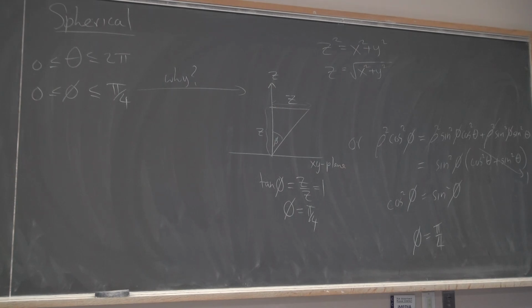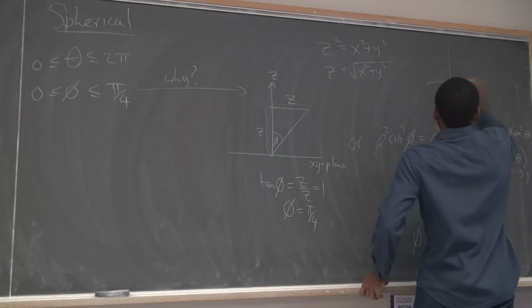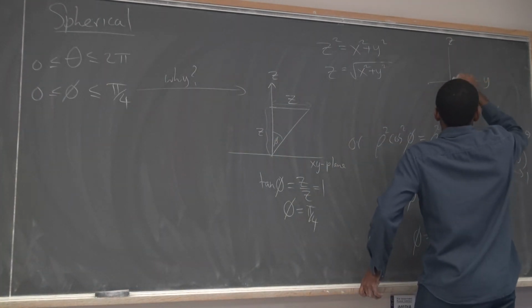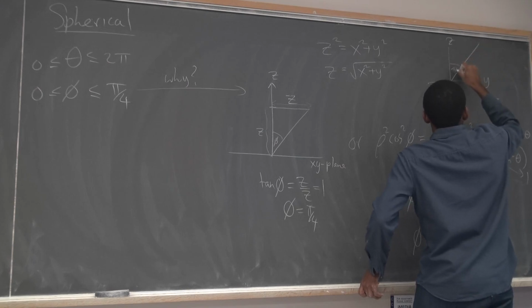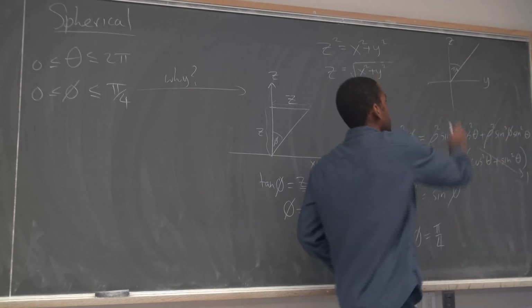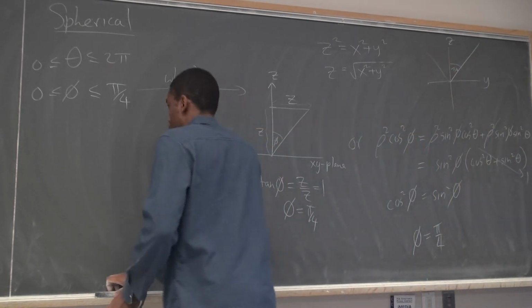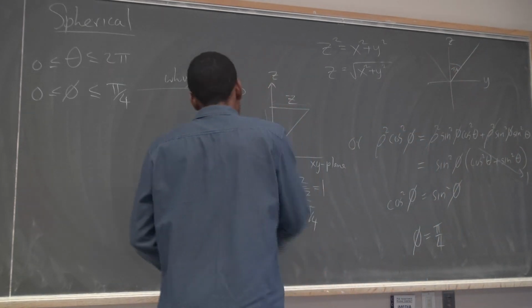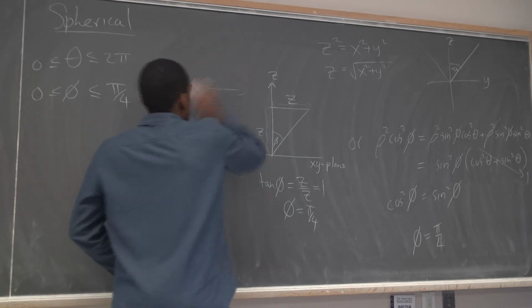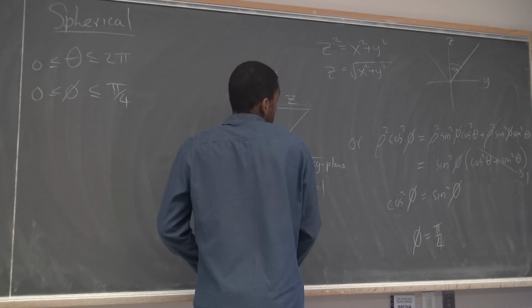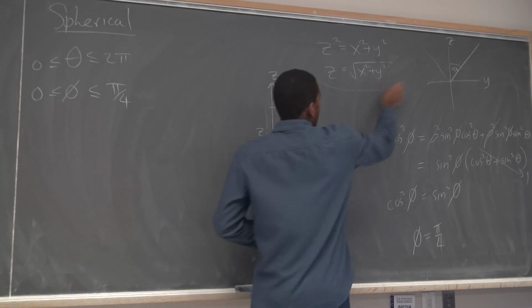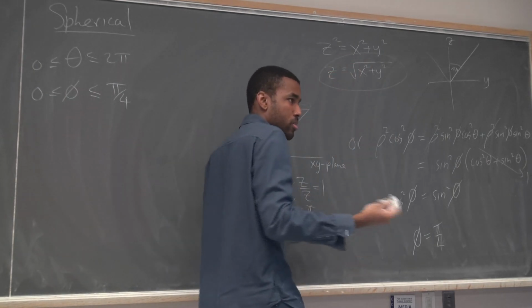We're in the zy plane, and it's just going to be that line where you know this is pi over 4, because it's the line z equals y and z equals minus y. So tons of ways to get this. By the way, from now on, we just know for this cone, phi equals pi over 4.